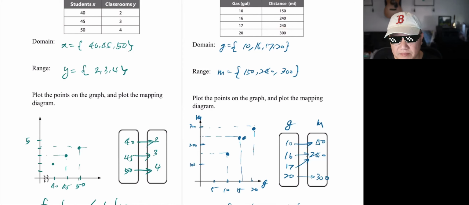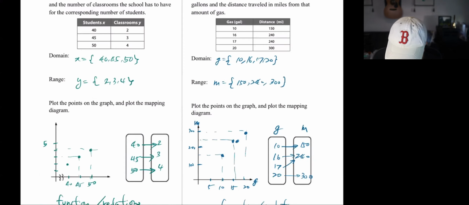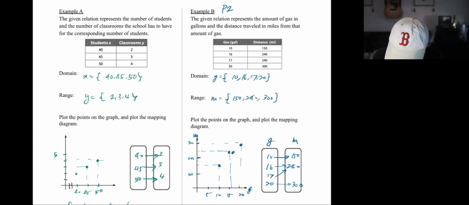The thing that's special about example B is that 17 and 16 go to the same thing. The question is, is that a function? Some will say no, but it is a function, because the definition of a function is what? For each input, there's one output. Does 17 have one output?